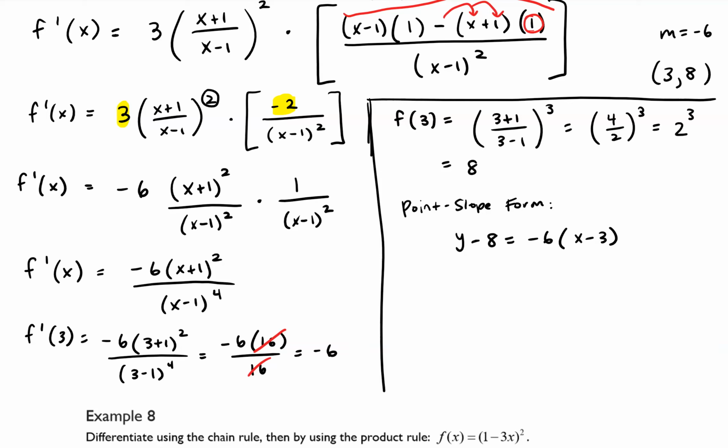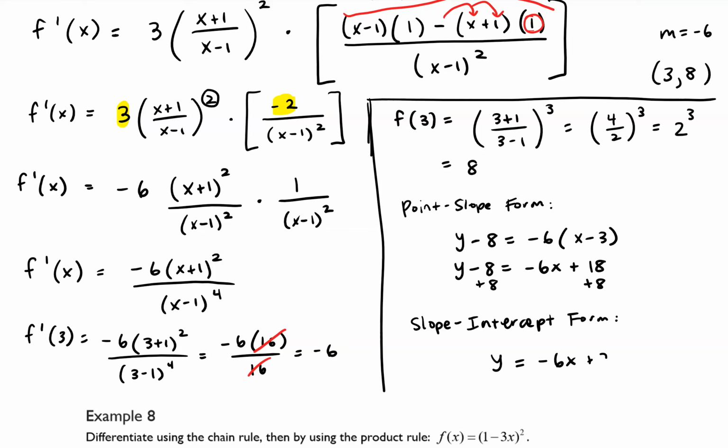And then if you wanted to change that into slope-intercept form, you can distribute the negative 6, and then add 8 on both sides. So in slope-intercept form, it would be y equals negative 6x plus 26.